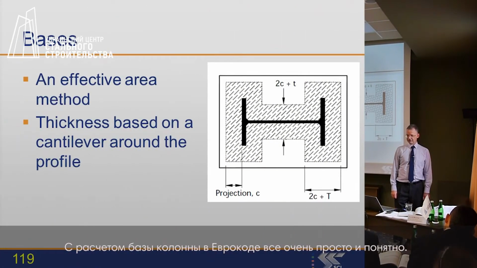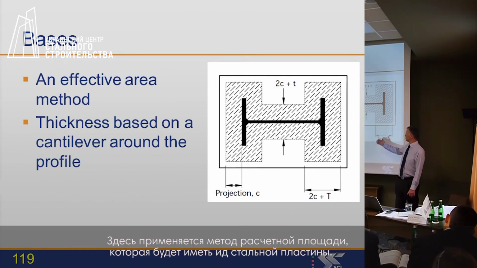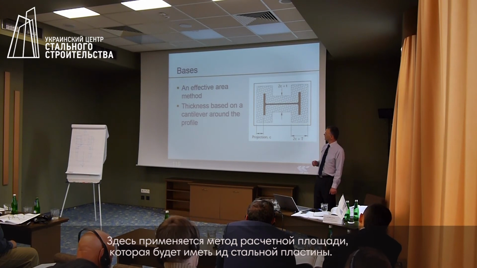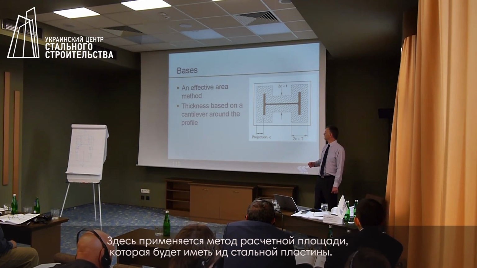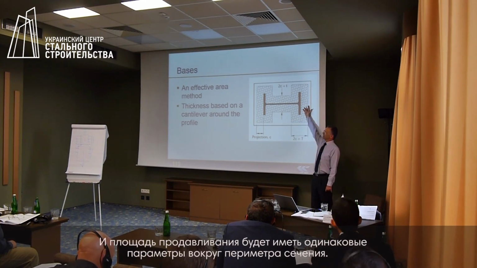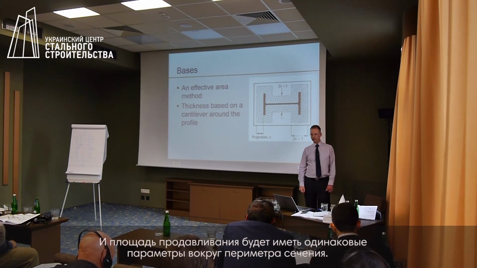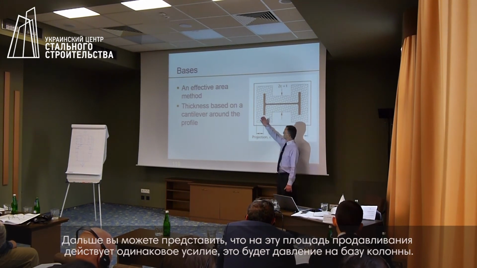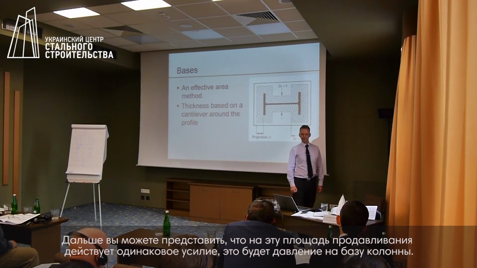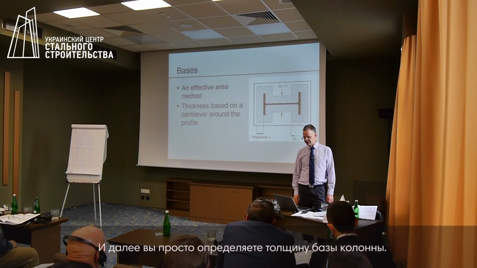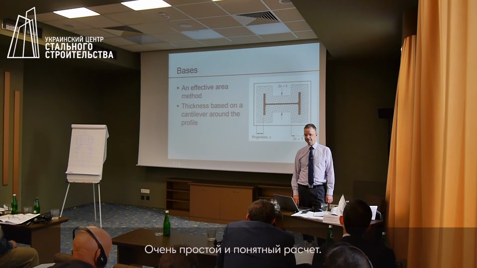Bases in the Eurocode are very easy. They assume an effective area which will have the same profile as the piece of steel. And you calculate a cantilever, and the cantilever is the same dimension all the way round the profile. And then you imagine that this cantilever has got a uniform load, that will be the base pressure, and you simply then determine the thickness of the base.